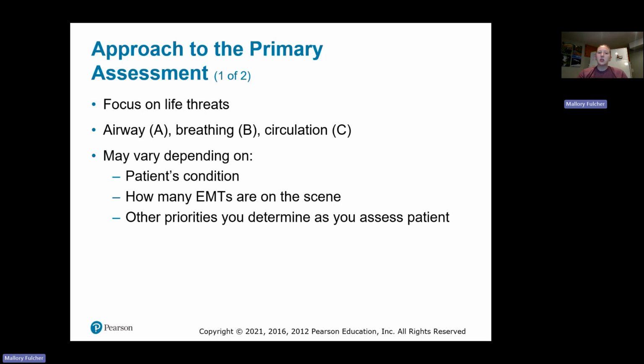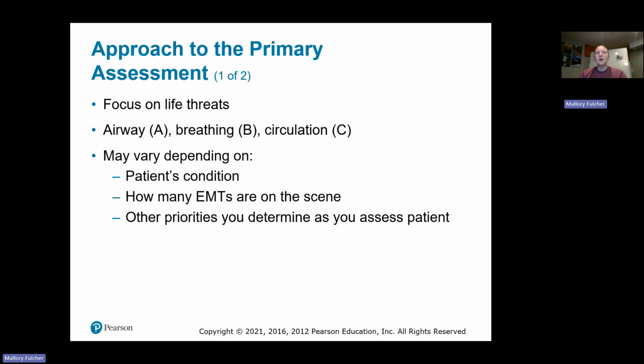One thing that we need to ask ourselves when we are looking at airway is: is the airway open, and is it going to stay open? If the answer is yes to both of those, we can move on to breathing. If the answer is no, we need to fix that problem and then move on, right? As soon as that problem is fixed.